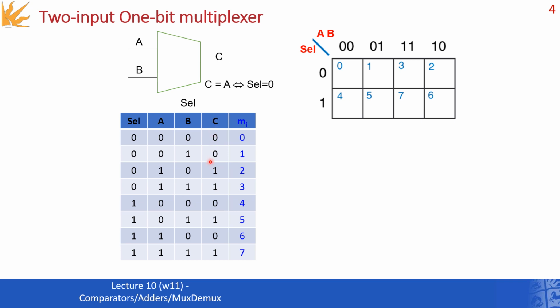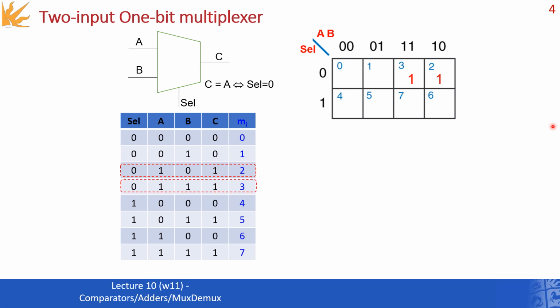If you treat C over here, the output, as a function, then you compute here the min terms. And obviously, you can construct a Karnaugh map. Now, how would that Karnaugh map look like? The first min term that we're going to use is min term 2, because the output function is equal to 1.